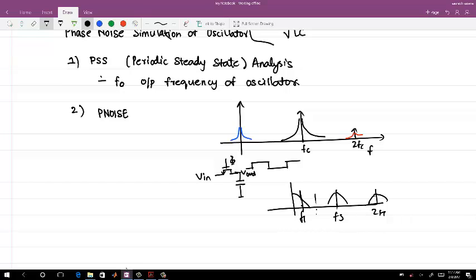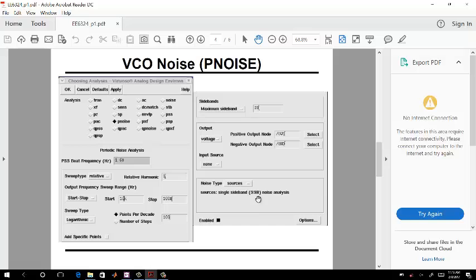Let's say this is the bandwidth I am looking at, or with respect to DC. In that case, when you are doing P-noise analysis, you should do an absolute one rather than a relative one. So whether you're doing absolute or relative, that depends on what sample system you are using or what the other requirements are.